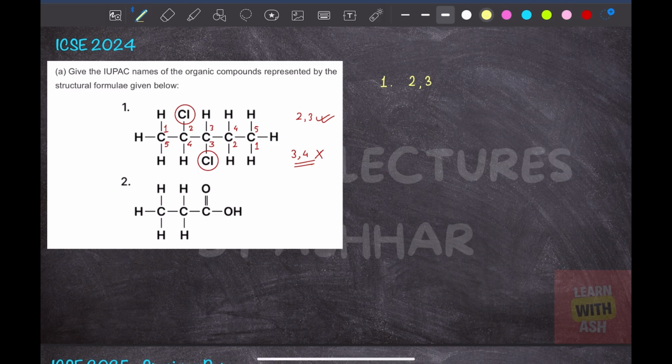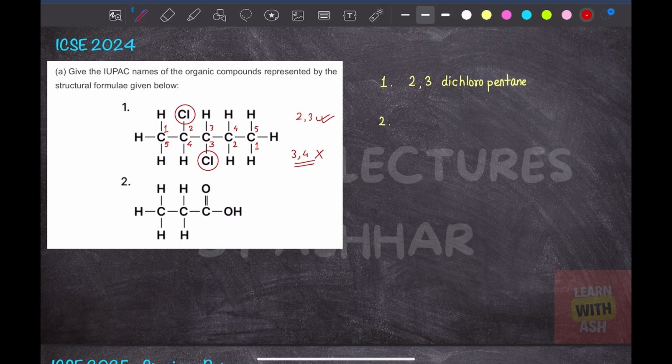So 2 comma 3 di. What about chlorine? I will write it as chloro. If it would have been bromine, I would have written bromo, then iodo, fluoro and so on. So 2 comma 3 dichloro. How many carbons are there? 5. Are there any double or triple bonds? No, all of them are single. So I can directly write it as pentane. 2 comma 3 dichloropentane.